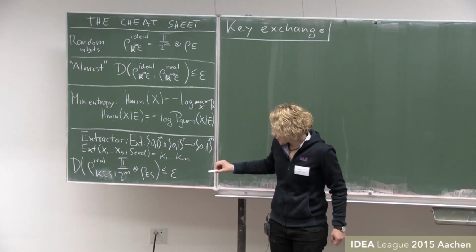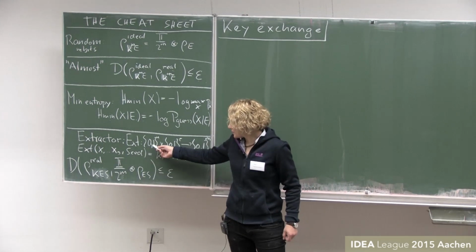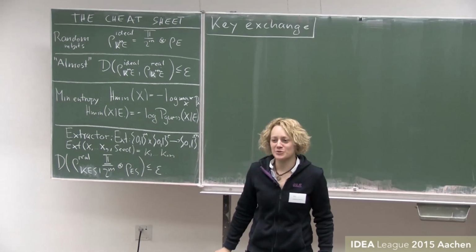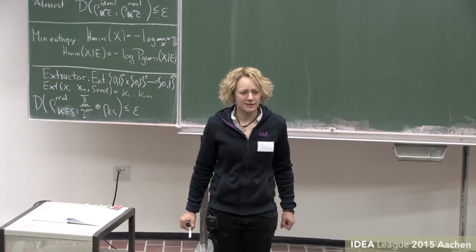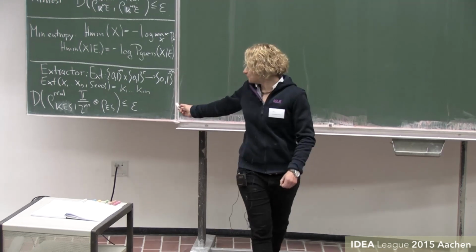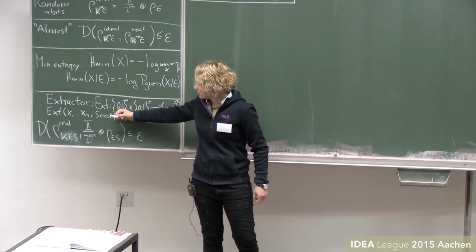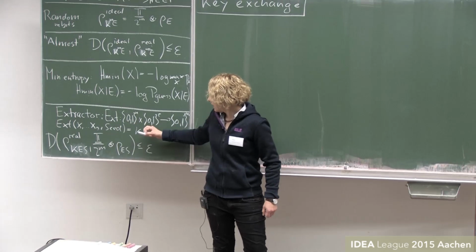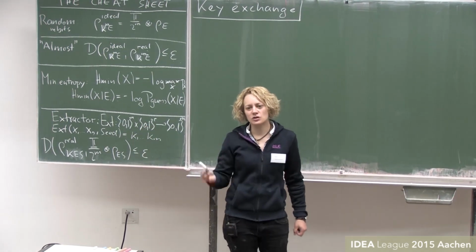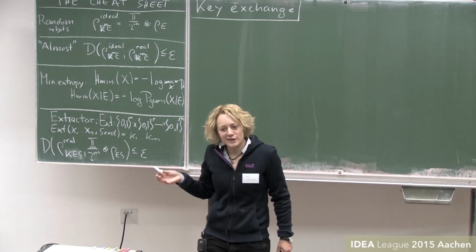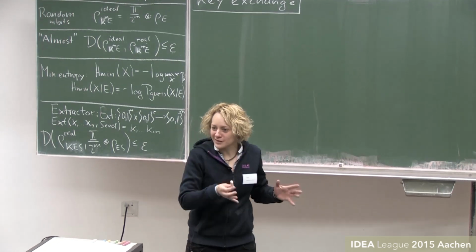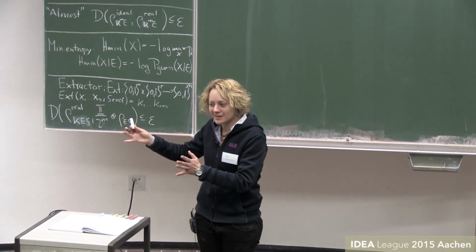So yesterday we had talked about what it means that an extractor is a strong extractor, because there was a very valid objection raised by, I think, you. If I start with some random string x, and I give you some random seed s, some perfectly random numbers with which you can choose a function, it might not be so surprising that some random bits come out, because after all, we started with a random seed, and we produced some random bits at the end.